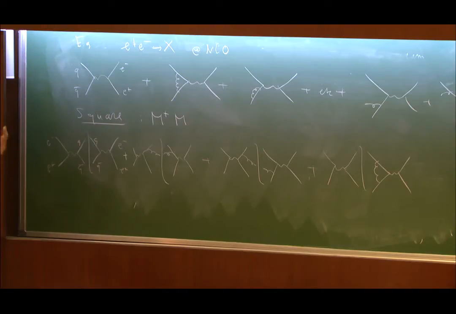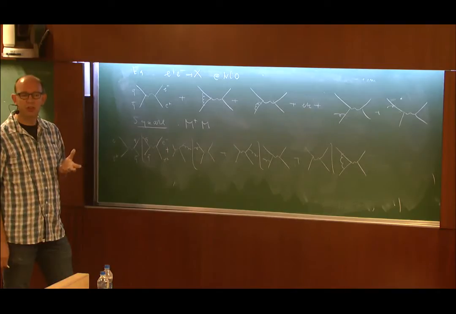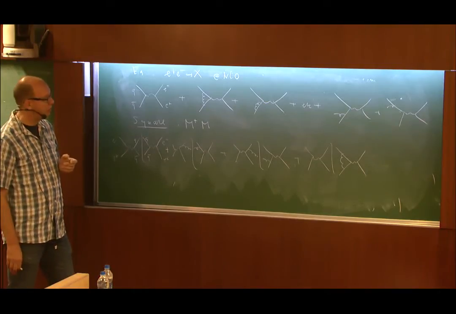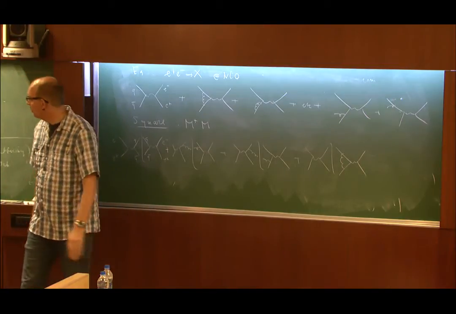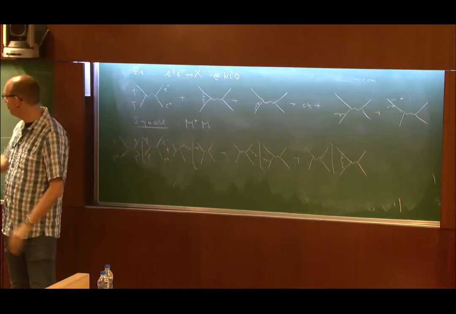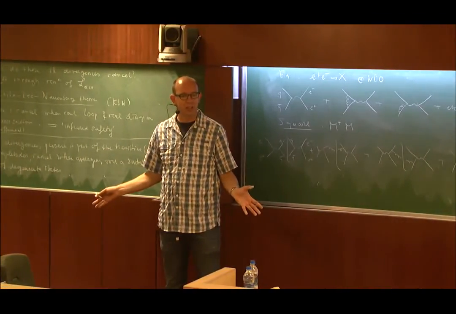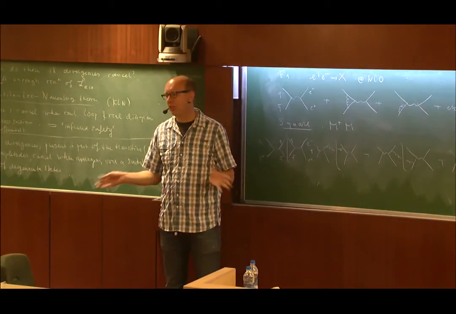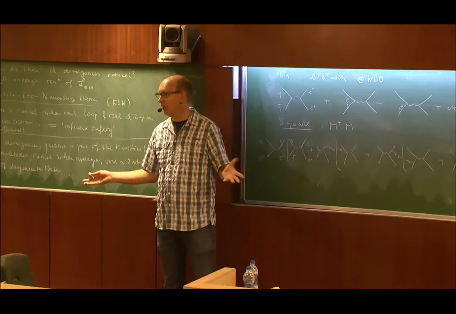Now, the question is, are we summing here over degenerate states? Can we assume that Kinoshita-Lee-Nauenberg holds? Well, if we look at the total cross-section, you can't get more inclusive than that. So if there's any degeneracy, it will certainly be in the sum over final states, because we sum over all final states.